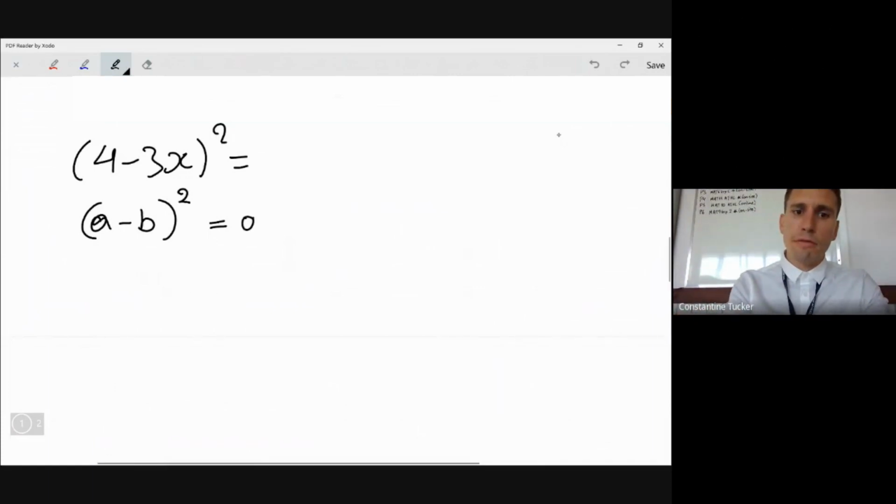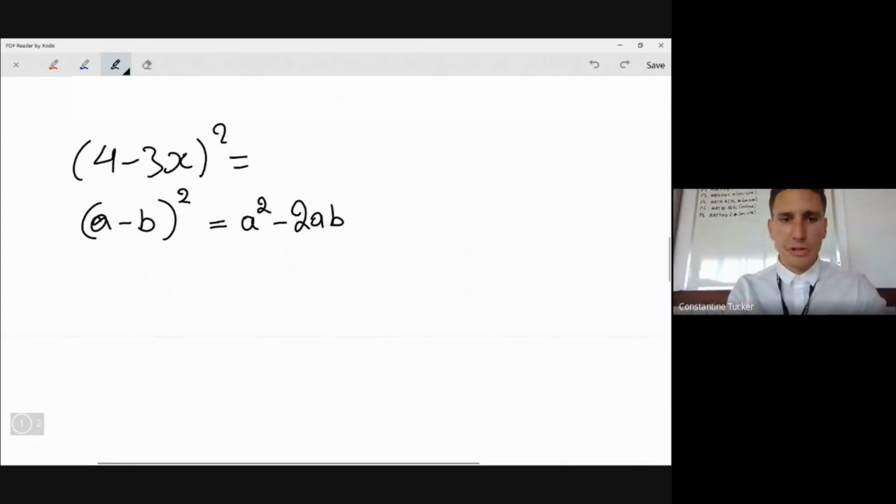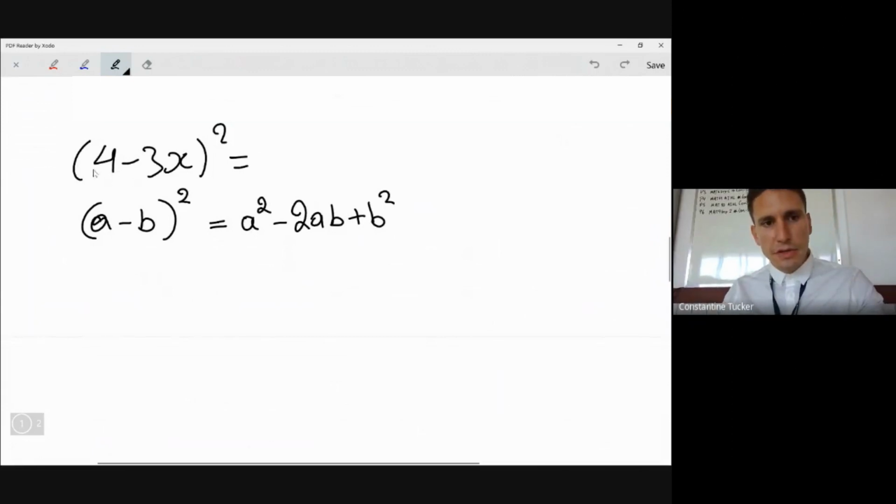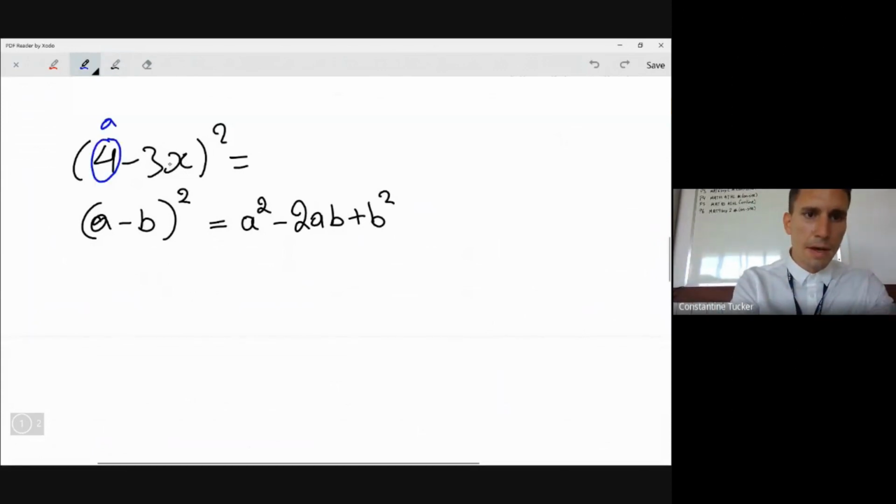So here we have a formula which gives us that this is a squared minus, so remember that trick was the first thing squared minus 2 times the product of the two. So minus 2 times the two things multiplied together, and then plus the second thing squared. So in this particular case, this is our a and this is our b. So if I were to circle them, this is a and the 3x is our b.